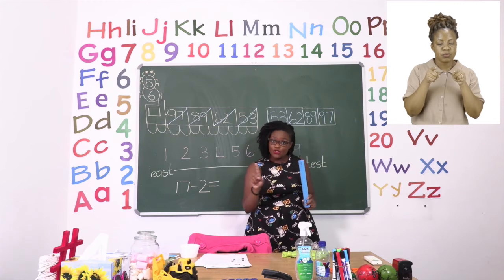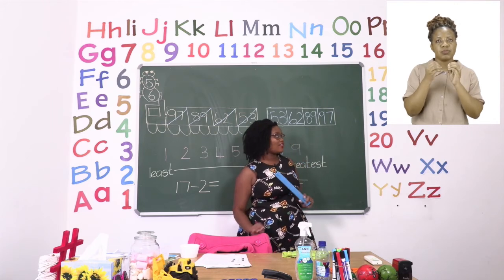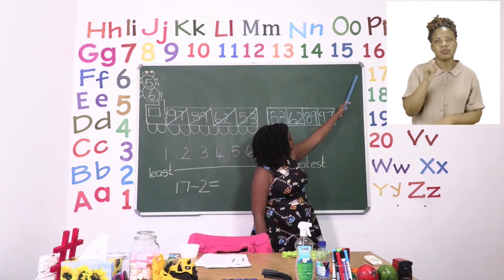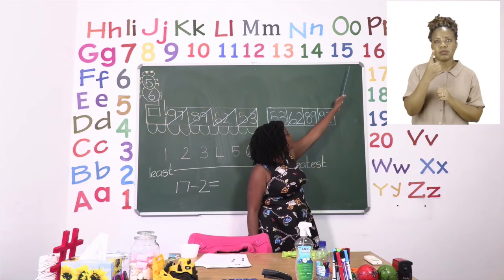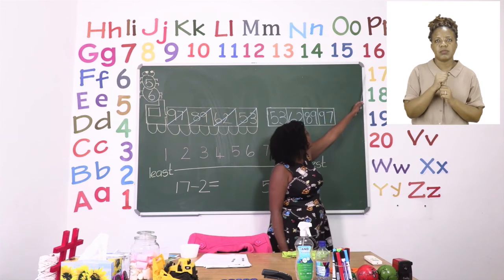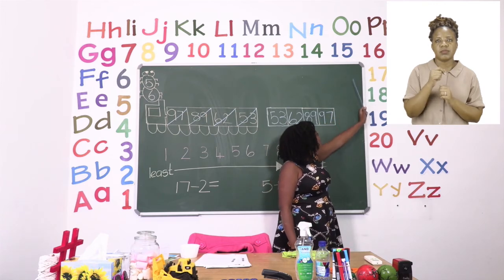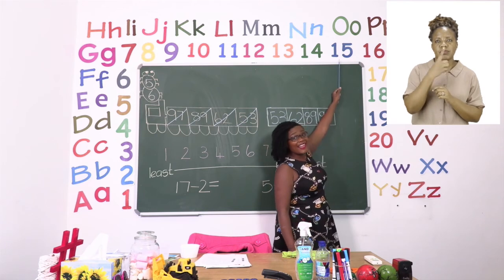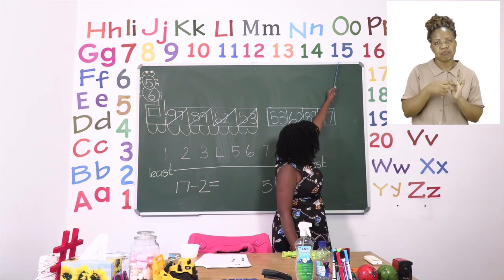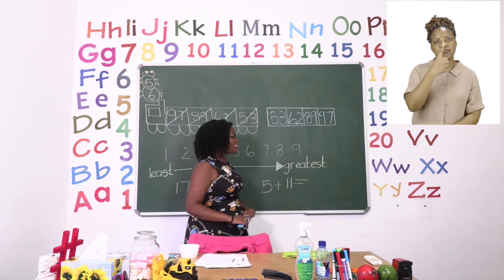So I also want you to loop with your finger. So let us go. Remember, we're only looping twice, so we need to loop from one number to the next. Are we ready? Let's go. 1, 2. So that means our answer is 15.